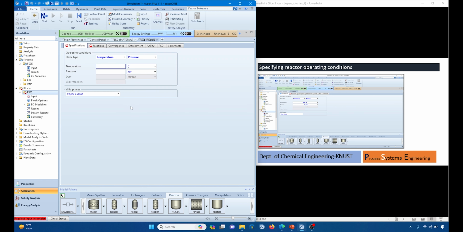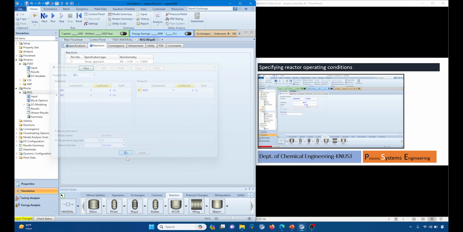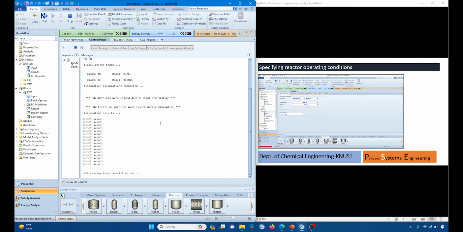We'll do the same for our reactor. Then to add our reaction, we go to the tab in similar fashion. And once we are done with that, we should be able to run our reaction simulation.